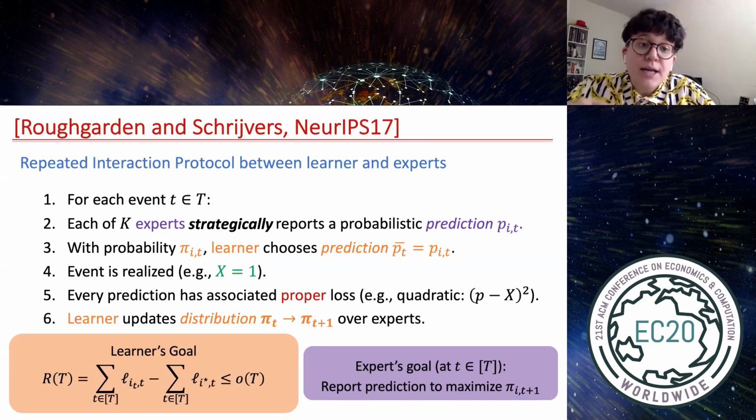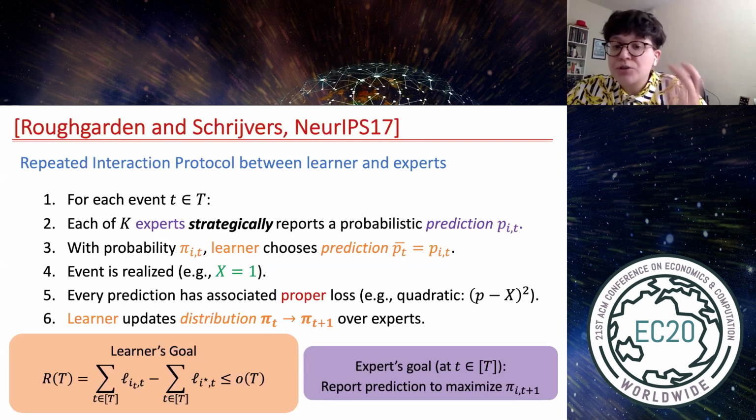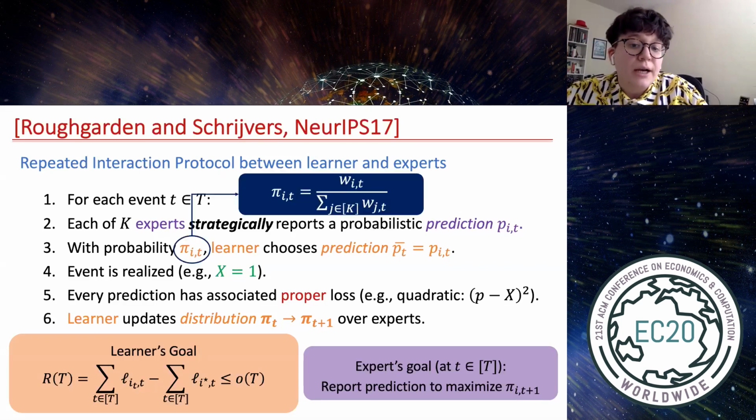And because I mentioned that, Roughgarden and Schrijvers, in a very nice paper at NeurIPS 2017, considered a similar model, similar to what we talked about yesterday. Remember that what differentiates different strategic learning models is the assumed utility that the agents want to maximize. So just to give you evidence of that, Roughgarden and Schrijvers consider the following problem.